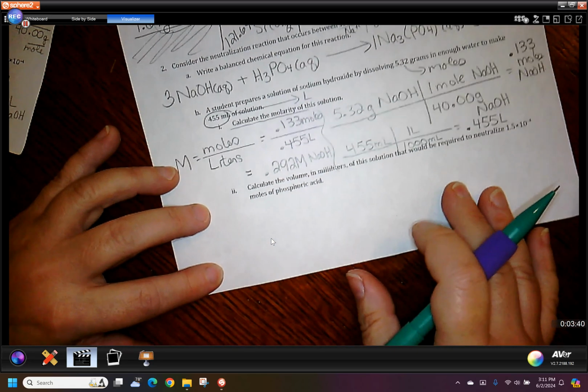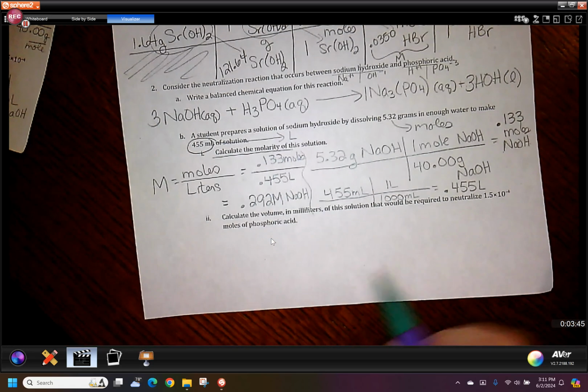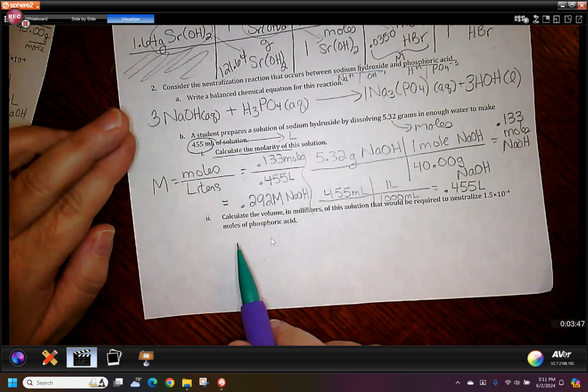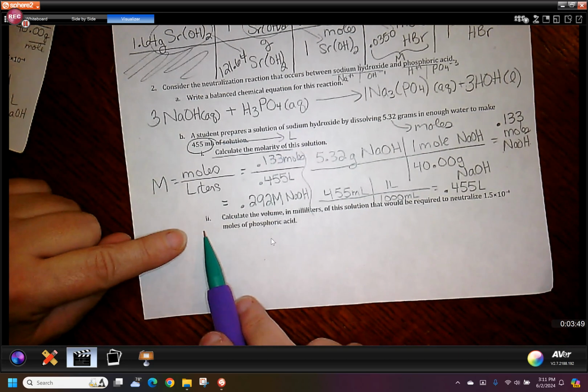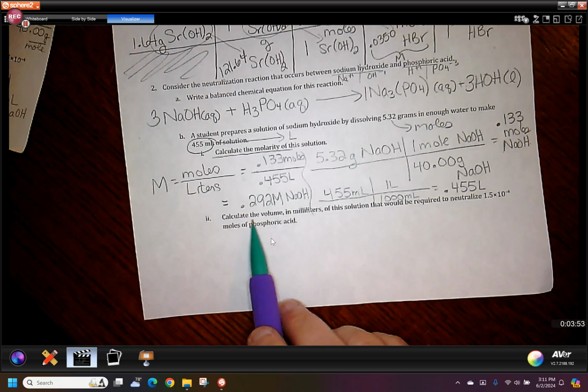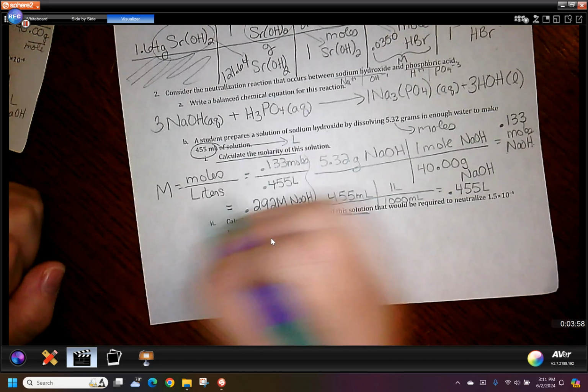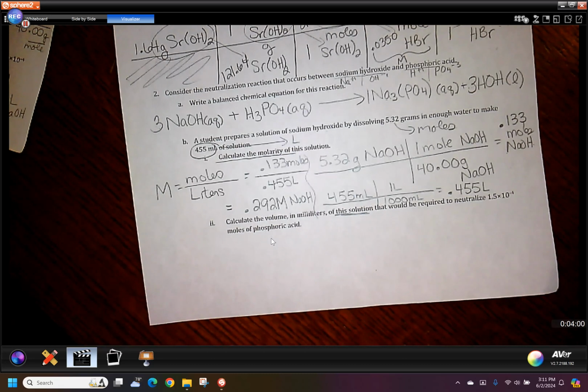Now notice, this is number 2. 2A was the reaction. 2BI was a question. Now it's 2BII. So it says, calculate the volume in milliliters of this solution. They're referring to the one that you just did.